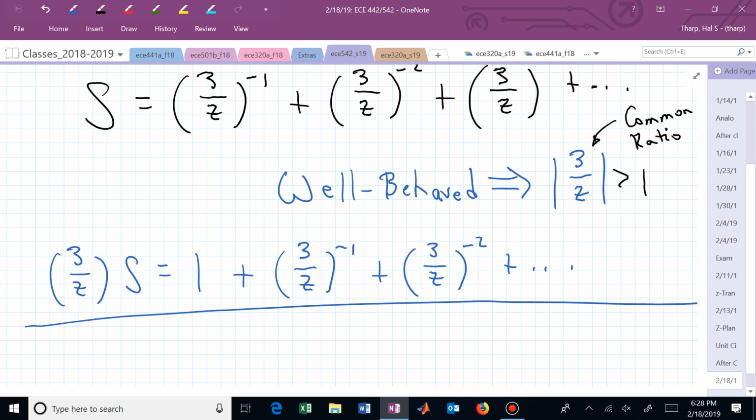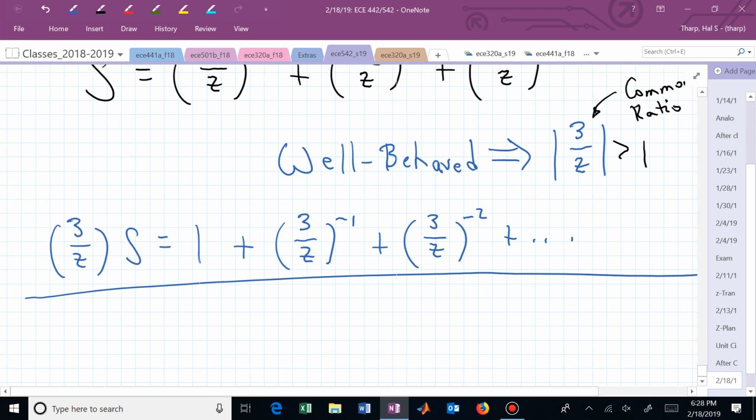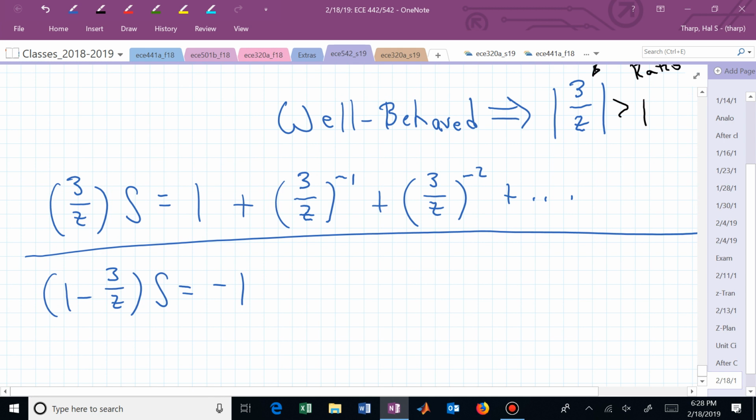If we subtract the bottom from the top, we end up with 1 minus 3 over z times S equaling minus 1. And pay attention to that minus 1. That minus 1 is there because we now had summed over negative values of n. Or this now says that S is equal to minus 1 over 1 minus 3 over z.